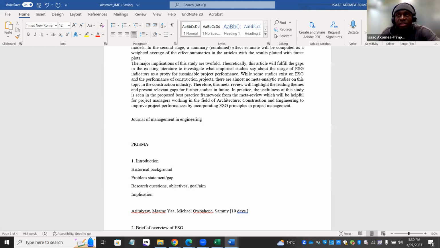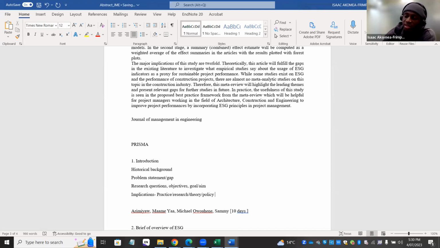So just give us the reason why this paper, or what the contributions of this paper are. Contribution to what? To practice, and also contribution to research and theory. If you think it's good, in this context you also have to talk about policy.